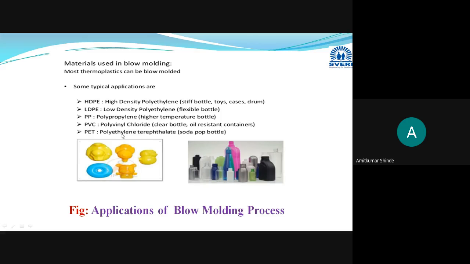Then PVC, polyvinyl chloride, and PET, polyethylene terephthalate. I have collected some extra images. In short, these materials are used in this blow molding process.